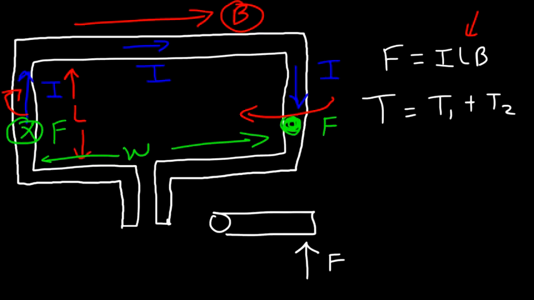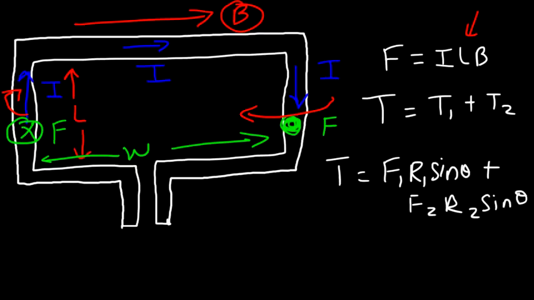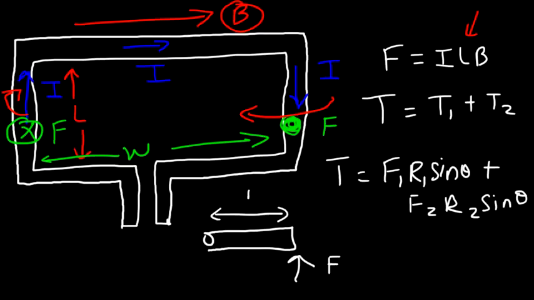So T1 plus T2 is going to be F1 times R1 sine theta plus F2 times R2 sine theta. So what exactly is R in this example? We know that R is the distance between where the force is applied and the axis of rotation. That's where the object moves around.